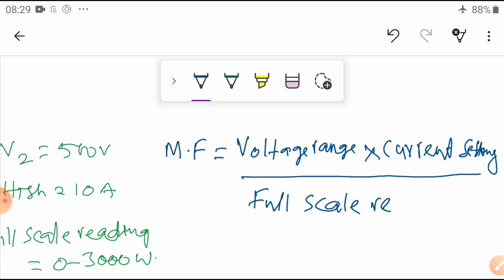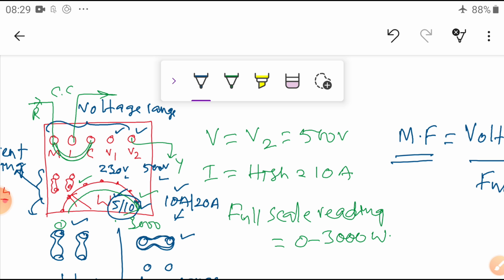You can take the full scale reading. So, this is the formula: voltage range into current setting divided by full scale reading will give the multiplication factor. What is the voltage range, sir? This voltage range is nothing but whether you connected V1 or V2. That is the voltage range.